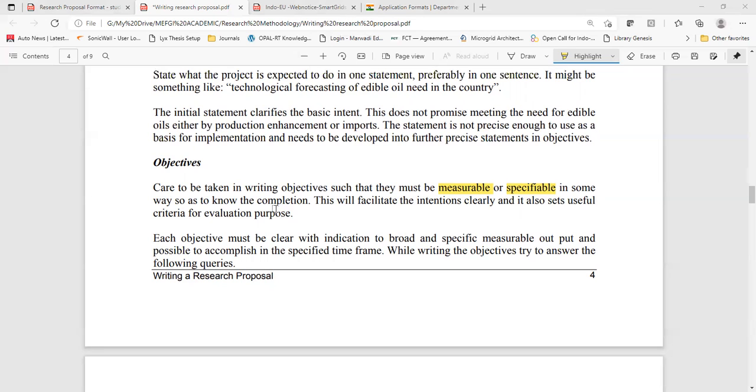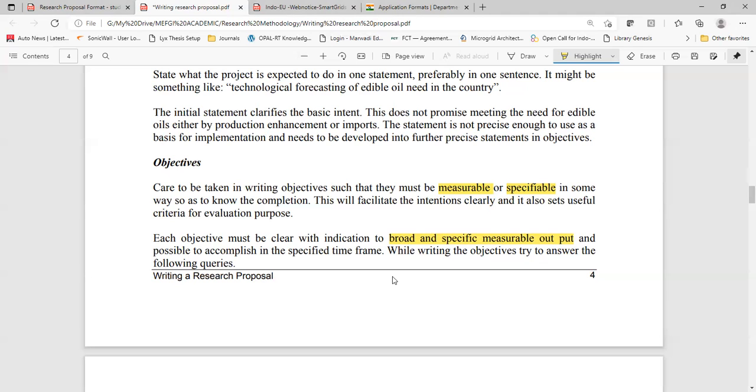And then each objective must be clear with indication to broad and specific measurable output. And you must be able to achieve it. For example, if you say eradication of poverty in a state, can you eradicate the poverty completely from the state?